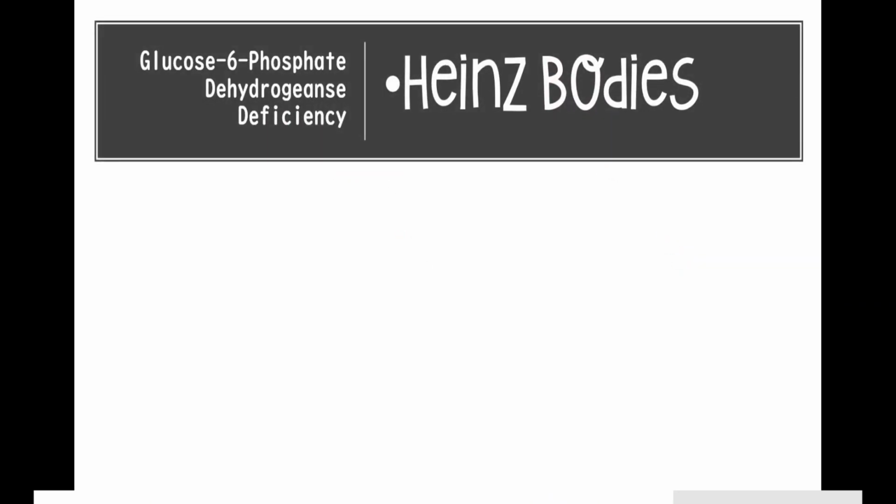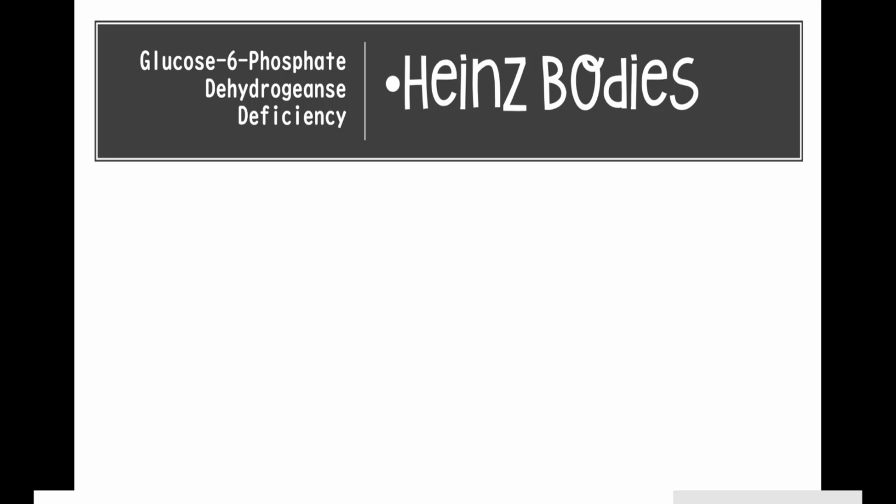Now, if there will be oxidation of the hemoglobin, particularly the globin chain, it will result in the formation of Heinz bodies. Now, what are these Heinz bodies? Heinz bodies come from denatured hemoglobin.